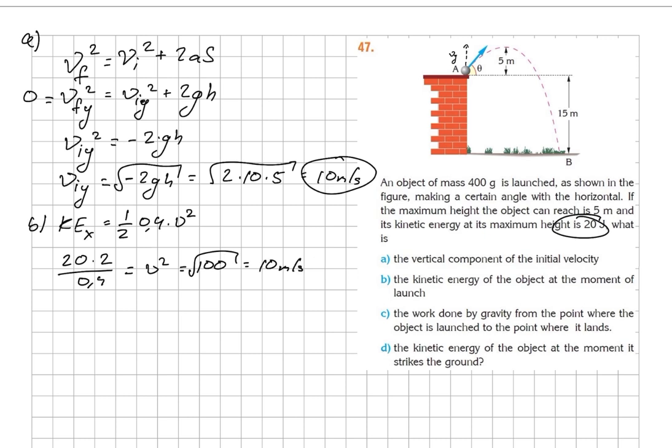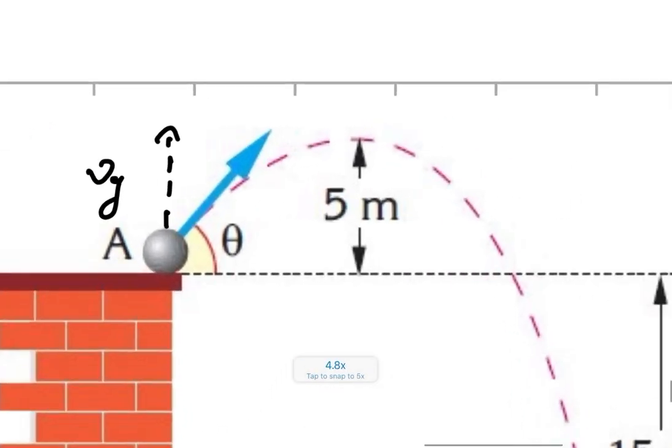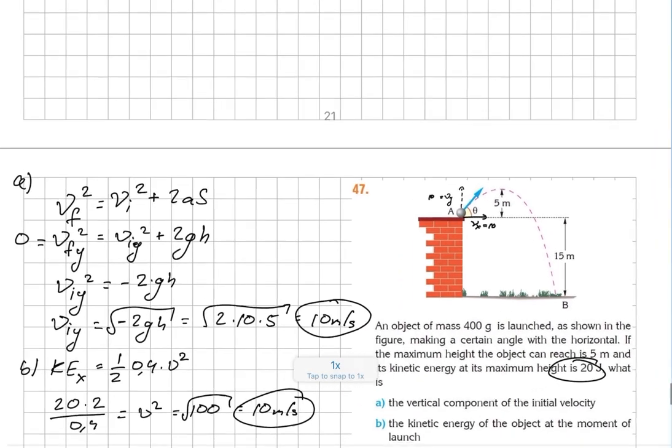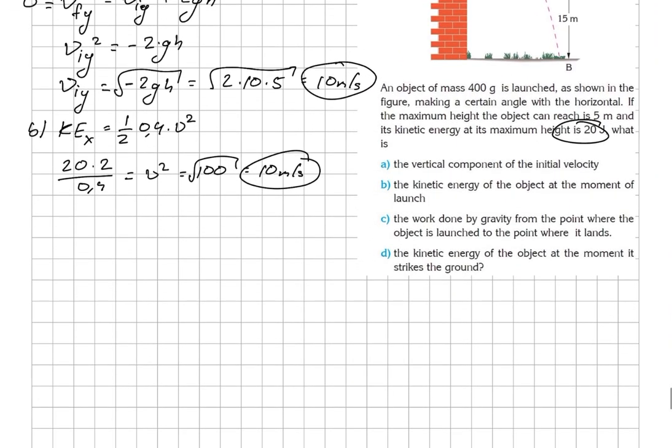10 meters per second. So we have two components of the velocity: velocity y is equal to 10, and velocity x also is equal to 10. If we use the Pythagorean theorem, velocity will be equal to the square root of 10 squared plus 10 squared, so it will be equal to 10 root 2 meters per second.